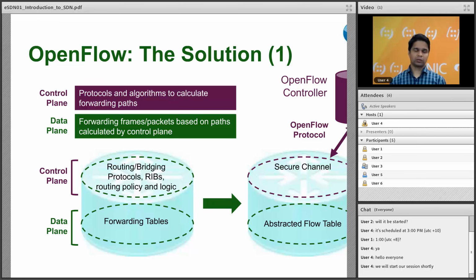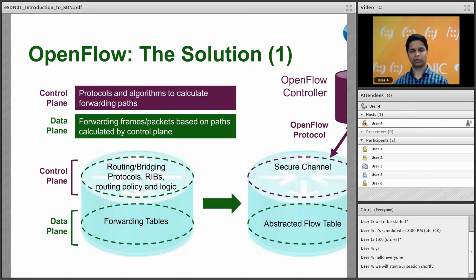To address the question of how to run an experimental protocol on a live network, the researchers in the Clean Slate project came up with the solution of completely removing the control plane functionality and moving it to an external controller.